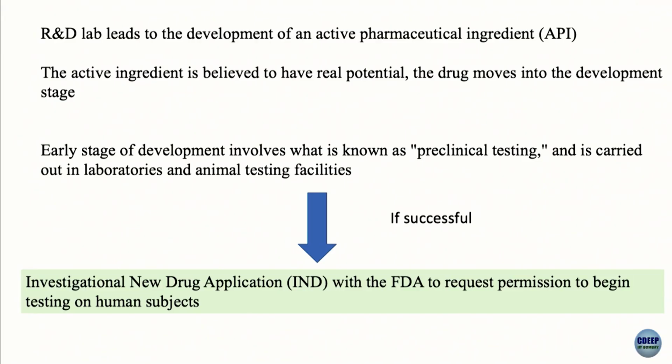So, if it is successful, finally you reach out to a regulatory organization and inform them that I am developing a drug against this indication, this is my active pharmaceutical ingredient, this is my R&D data and this is my preclinical data. You submit all of those here.